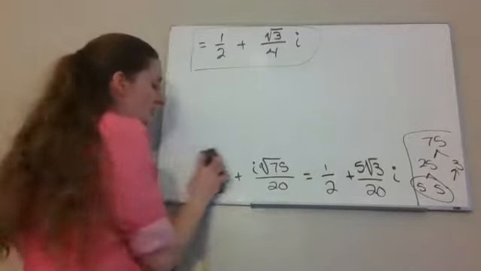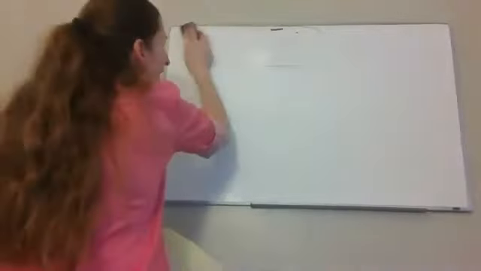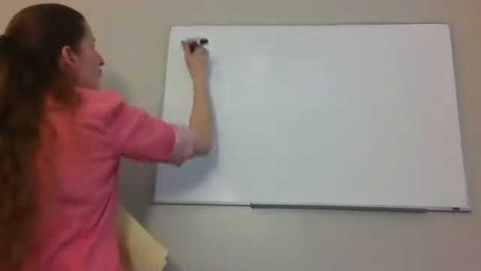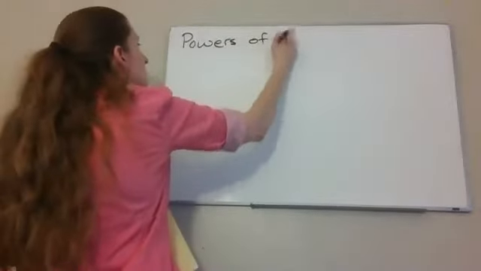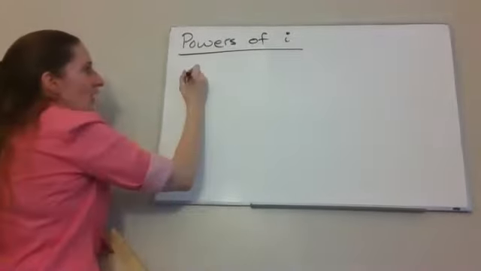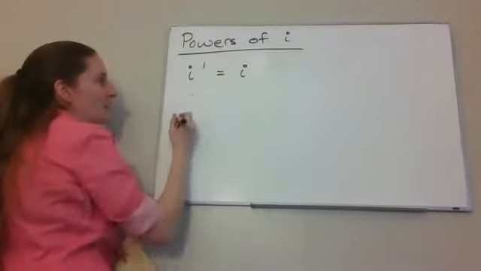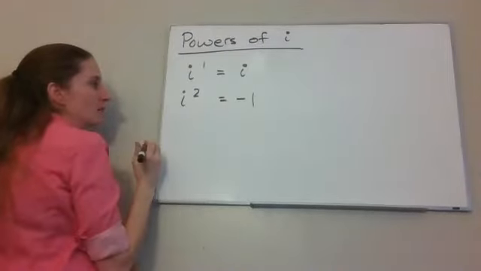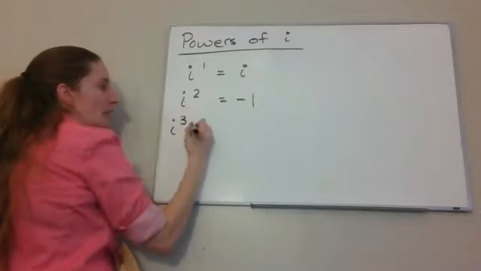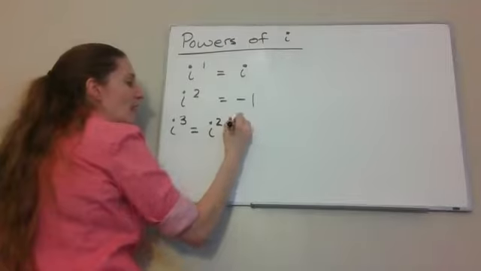All right. So now we're going to learn something pretty special about this number i, involving the powers of i. Let's just take a look at a lot of powers of i. If I have i to the first power, that's i. i to the second power, we know is -1. i to the third power is the same thing as i squared times i.